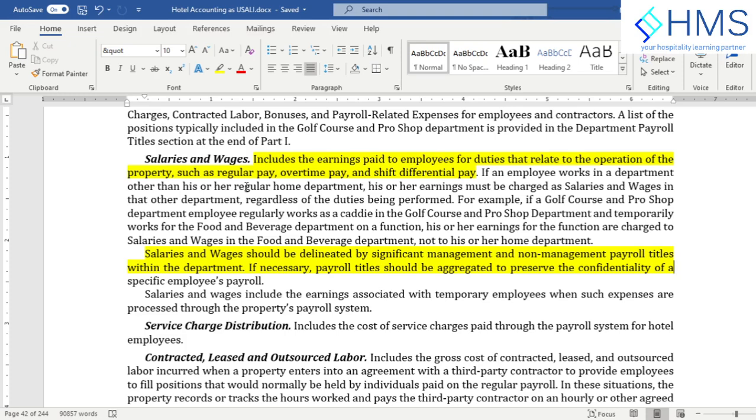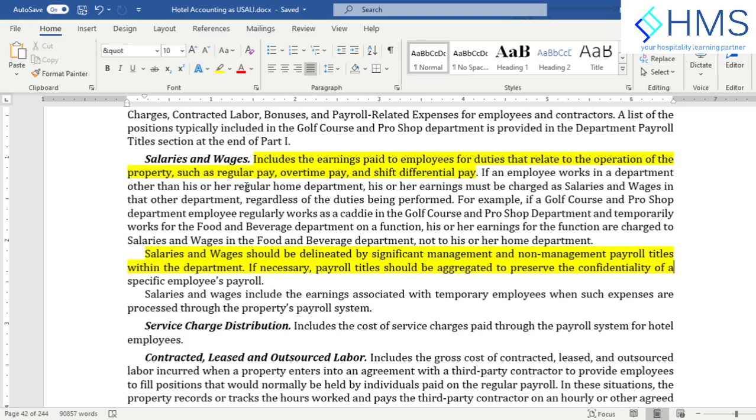So usually in other operating departments, you will just say all employees or miscellaneous as a line, so that you are hiding everyone in one line and the payroll integrity is not compromised. If the department is huge and has multiple managers, you can follow the practice. However, in real life, management and non-management does not work here because these small departments usually have only one manager.